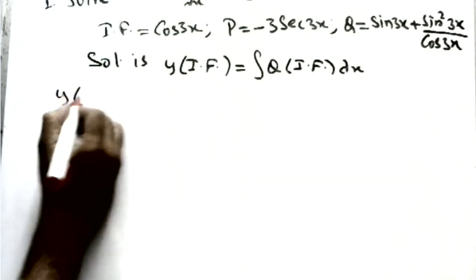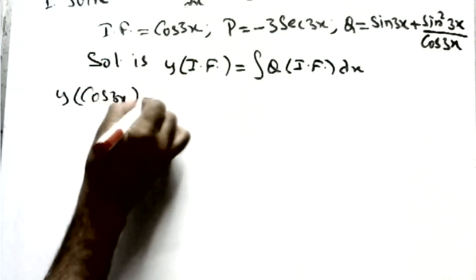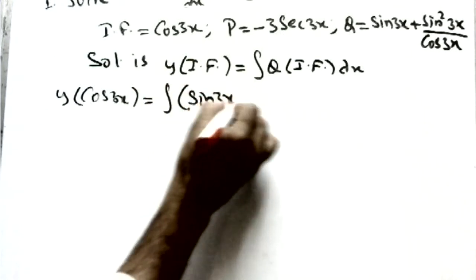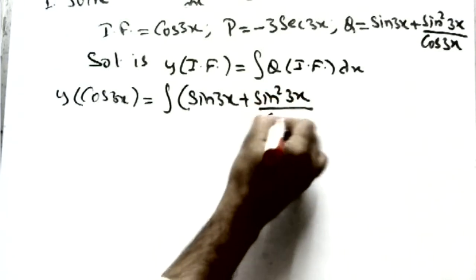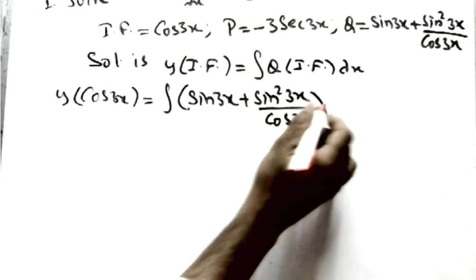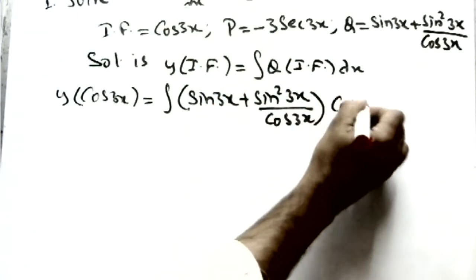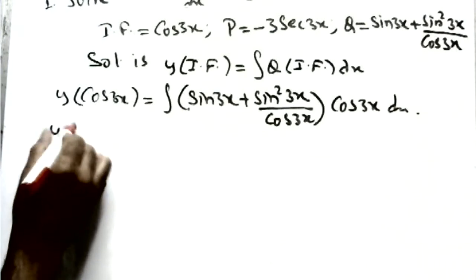Now let me substitute: y into the integral factor cos 3x equals integration of q. Q is sine 3x plus sine squared 3x by cos 3x, whole q into the integral factor, the integral factor is cos 3x, whole dx.